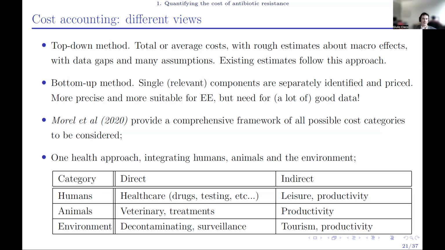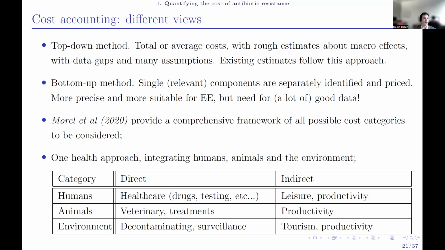So while the previous estimation used this approach, I'm proposing now, not only me, but also the literature I showed you in the previous slides, to consider this cost accounting in a different way.